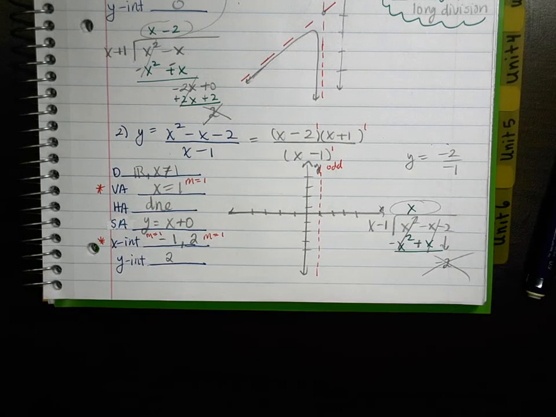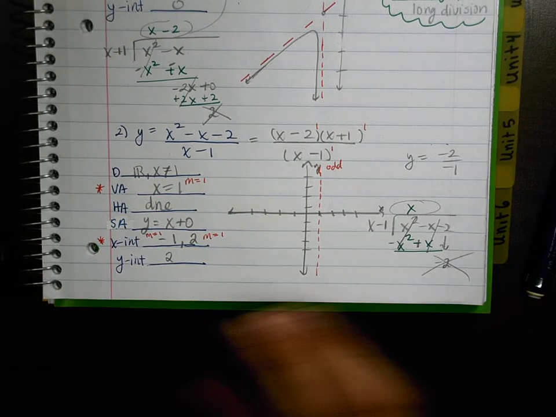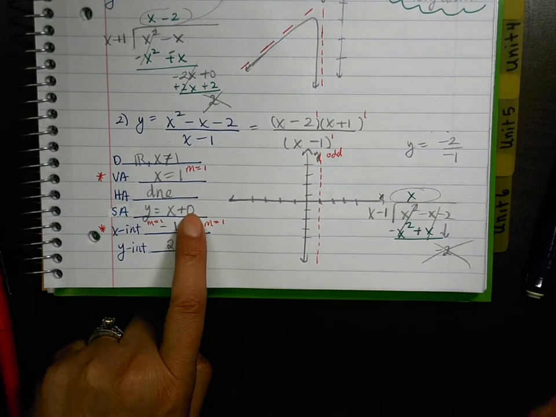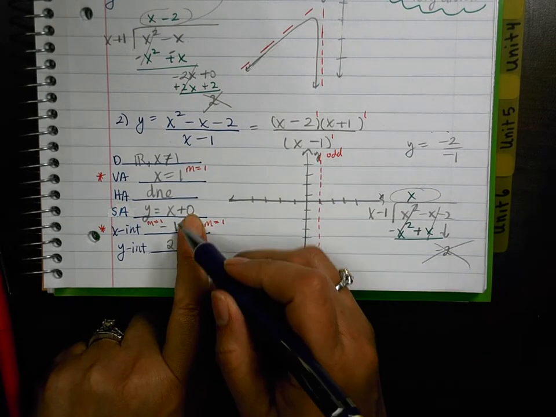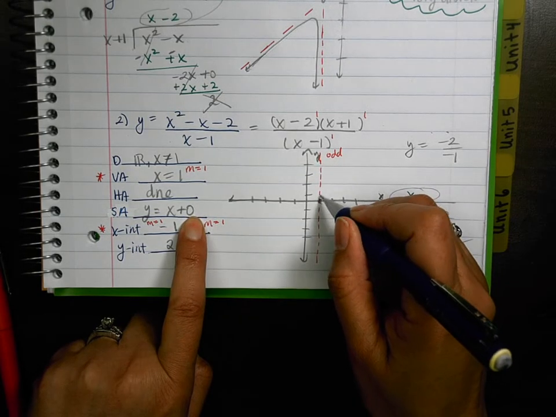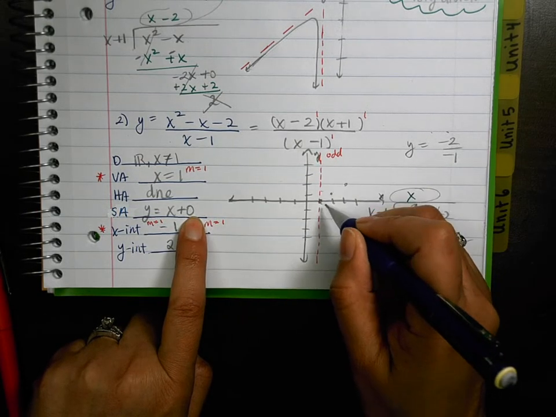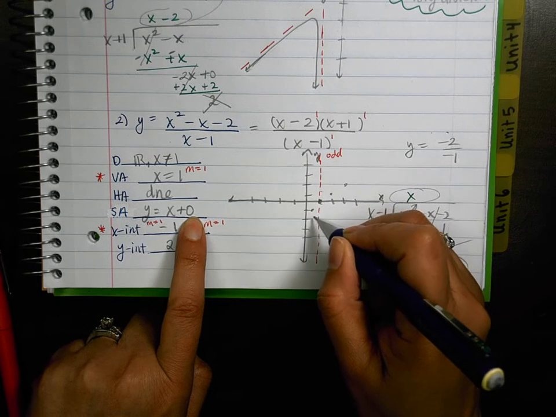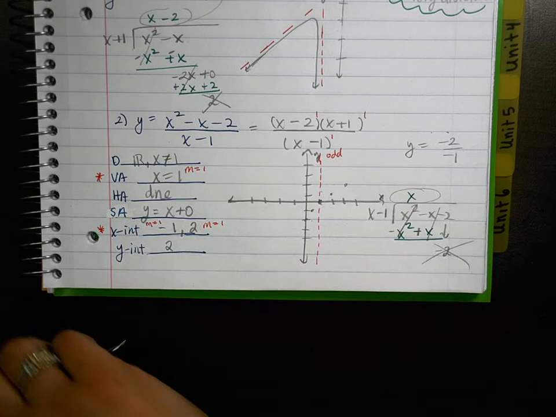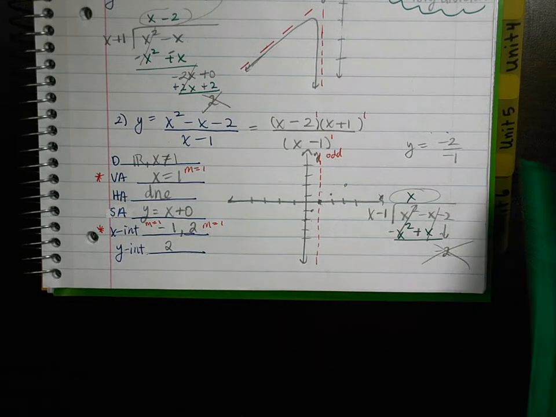And then my slant is y equals x plus 0. What's my y-intercept? That's why I put the 0 there, and then my slope is up 1 over 1 or down 1 over 1. Okay, so I am going to connect those dots with a dashed line because it is an asymptote.